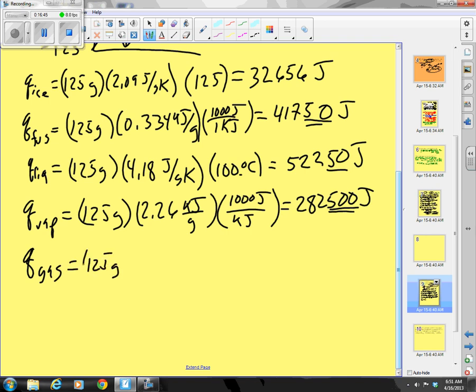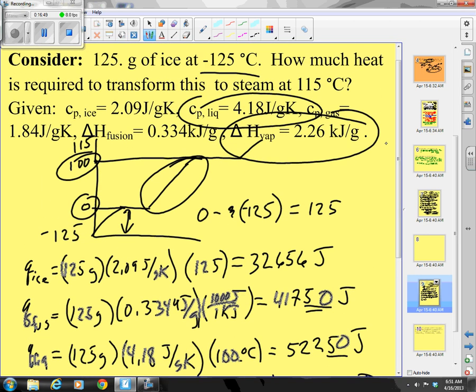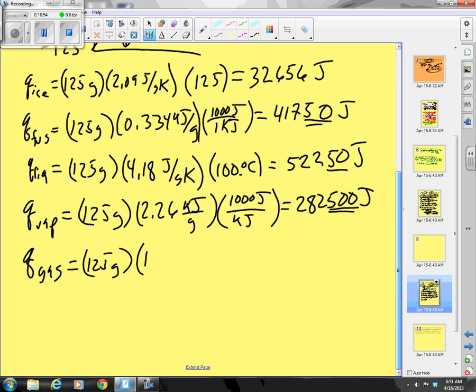Good. And finally, Q gas. 125 grams times C sub P gas. What's my C sub P gas? C sub P gas is 1.84 joules per gram Kelvin, for water, of course. If that were something else, it would not be 1.84.